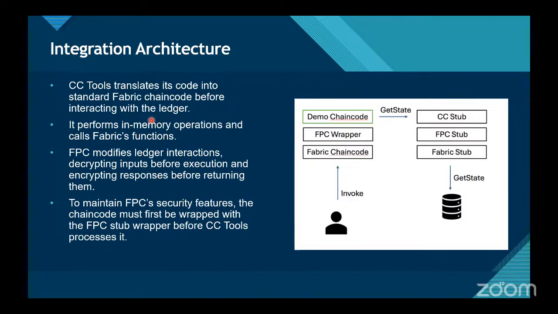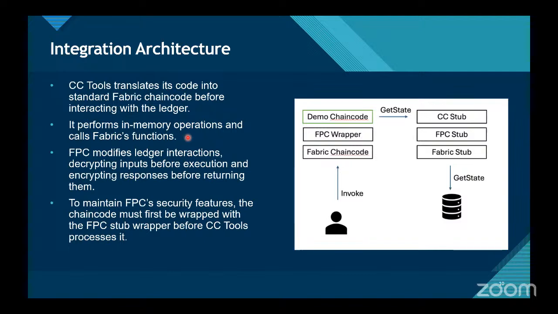It just simplifies everything from the developer perspective and then communicates with the ledger in the same standard Fabric way. And it performs in-memory operations by converting the pre-built code structure to a normal standard Fabric code or chain code logic.